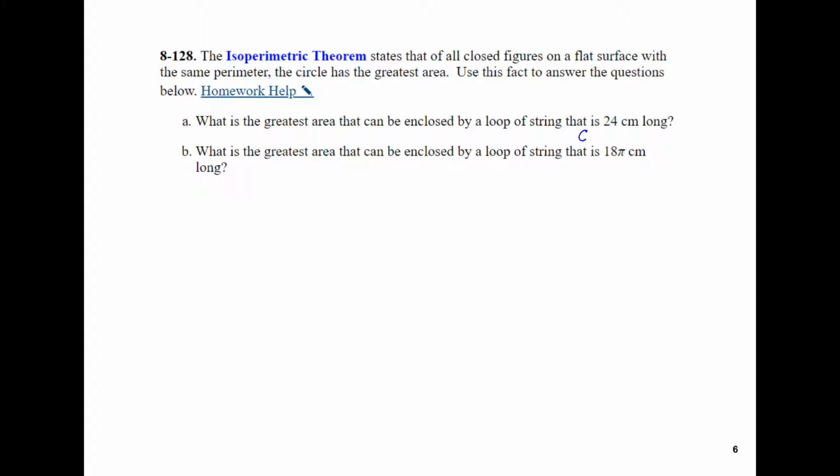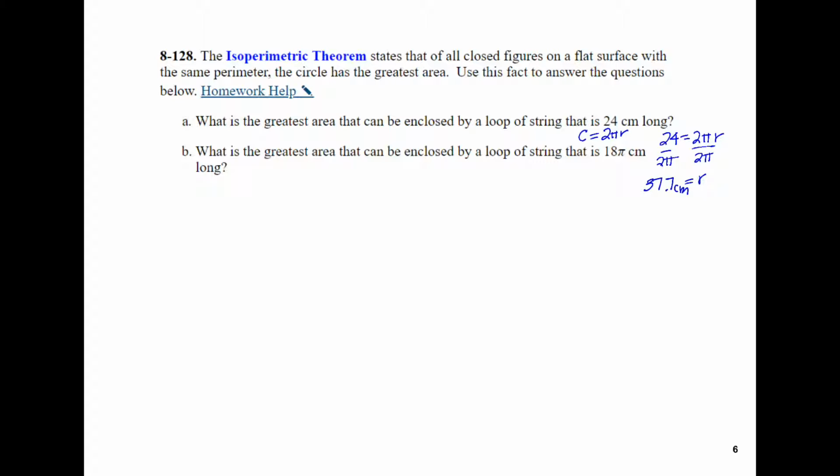So if our circumference is equal to 24, circumference equals 2 pi r. So we'll set 24 equal to 2 pi r, divide by 2 pi, and we get a radius of 37.7 centimeters.